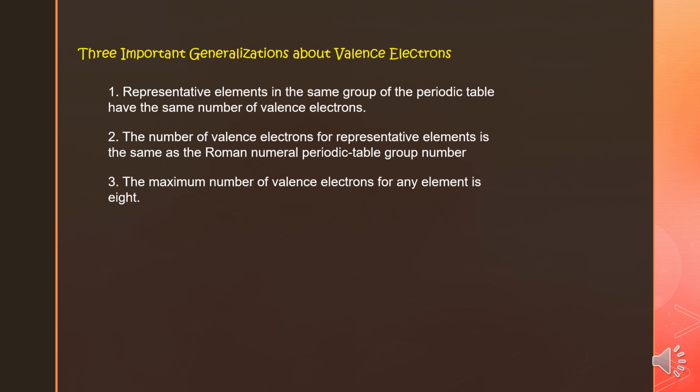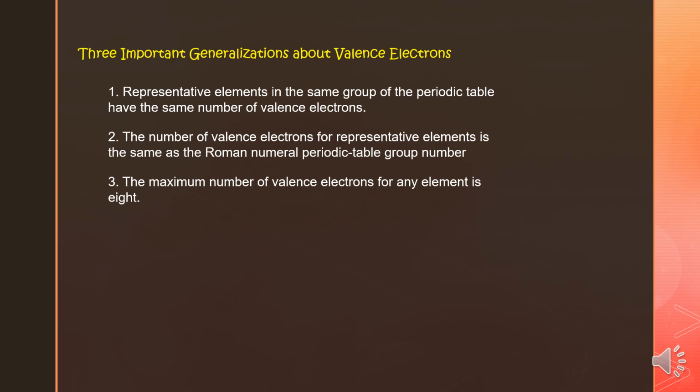Only the noble gases beginning with neon have the maximum number of 8 electrons. Of course, helium only has 2, and this is considered an exception in the noble gas family.